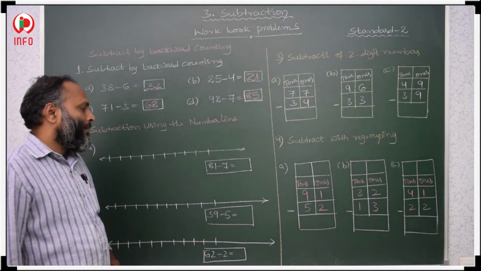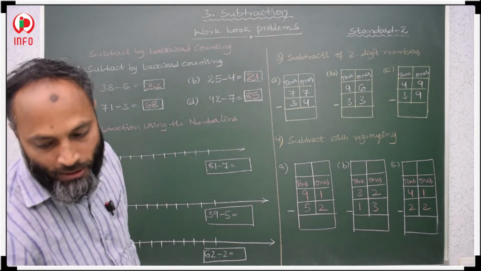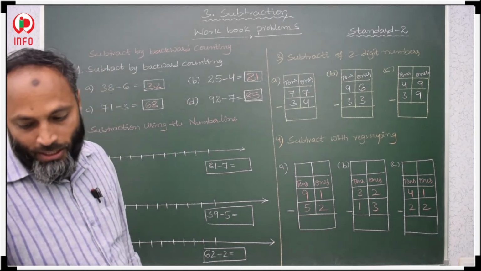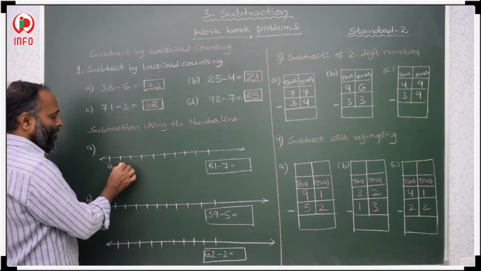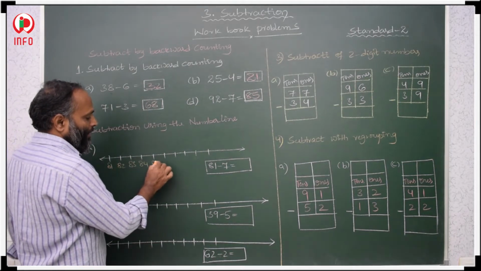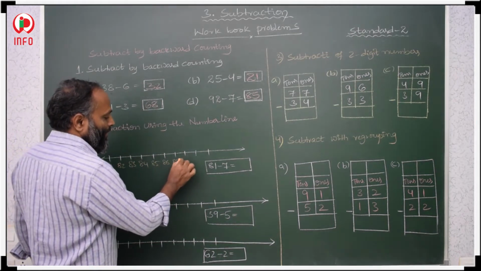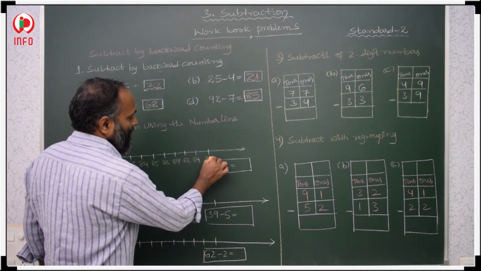Now, in this number line it is given. So what is given here? We have to get 81 minus 7. You take from here 81, 82, 83, 84, 85, 86, 87, 88, 89, and here 90.